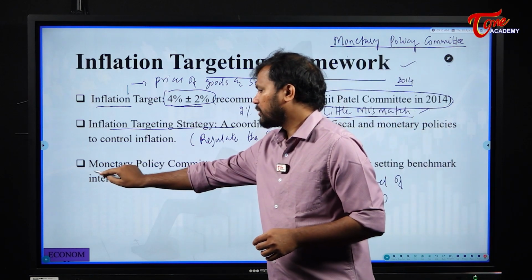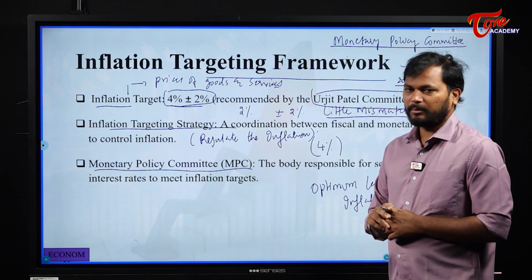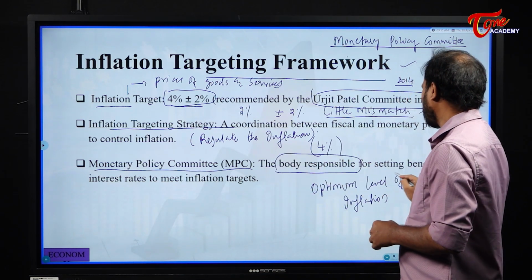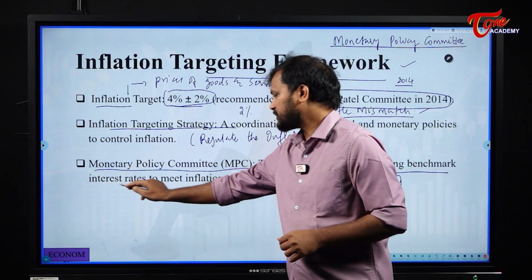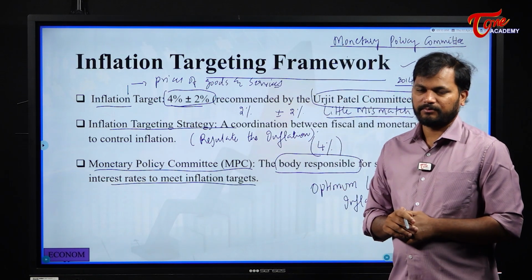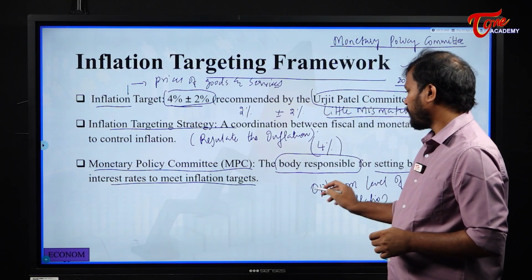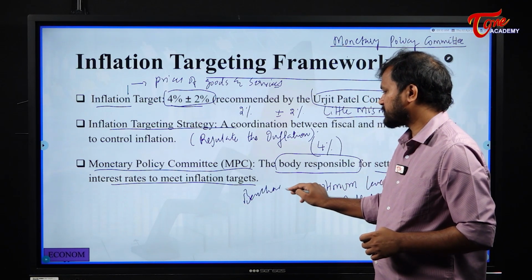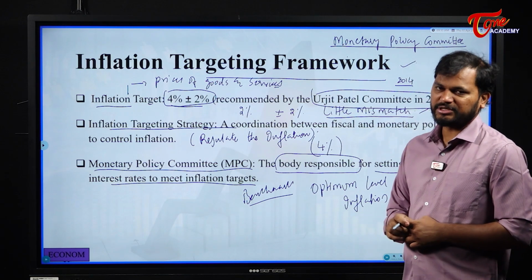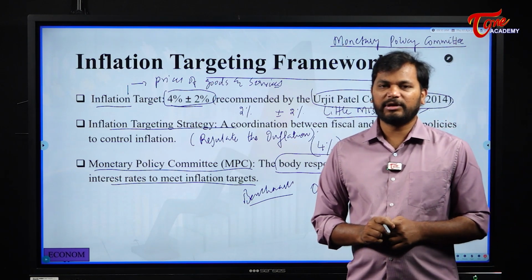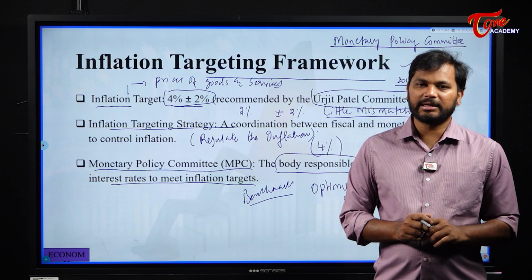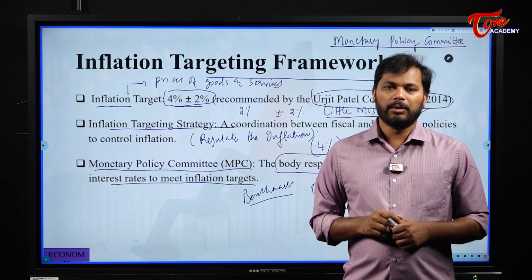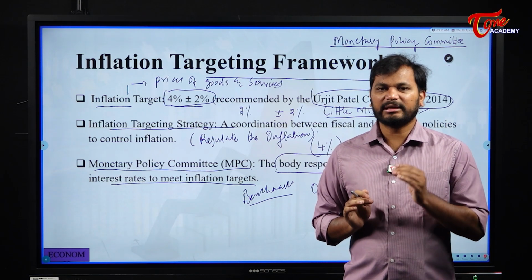Okay. Next, Monetary Policy Committee. The Monetary Policy Committee is the body responsible for setting benchmark interest rates to meet inflation targets. Inflation can be curtailed by increasing interest rates, and the expansionary monetary policy can be promoted by decreasing the interest rates.